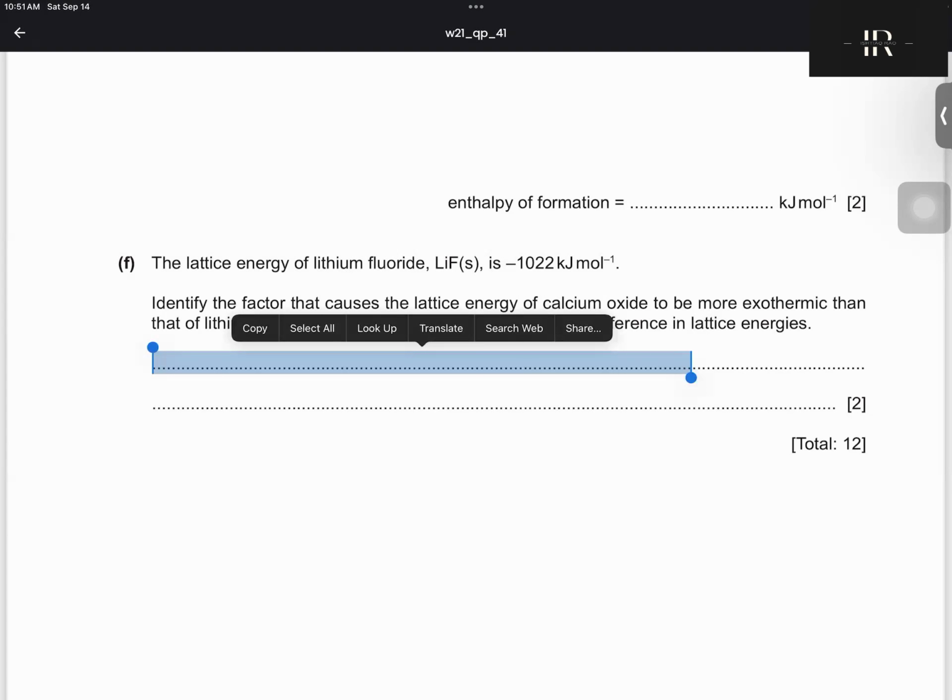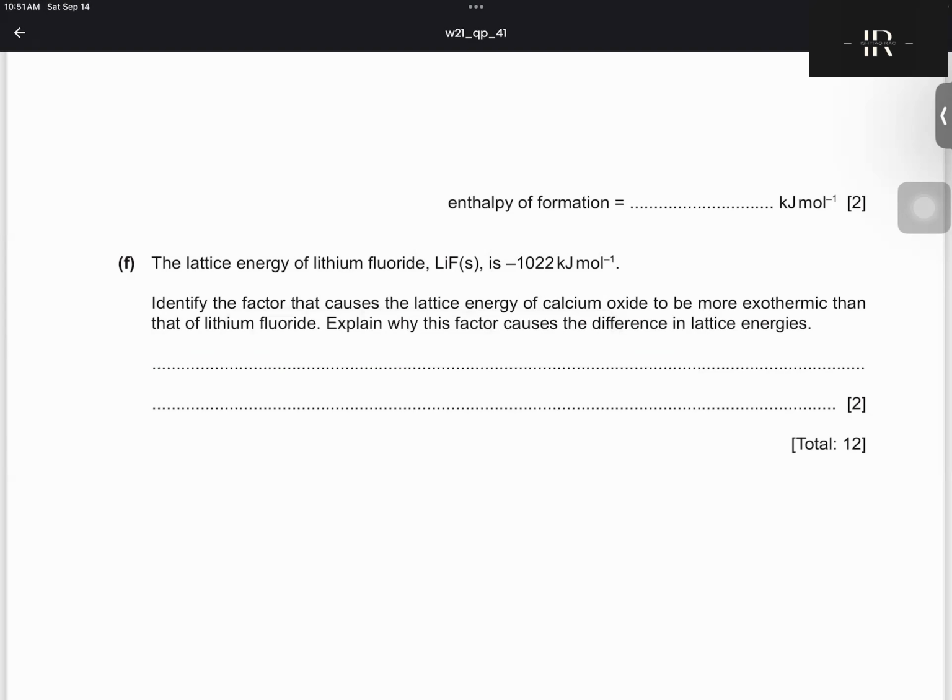The first factor is the force of attraction between the two oppositely charged ions. If there is more charge, more attraction; less charge, less attraction. The second factor is the charge density.